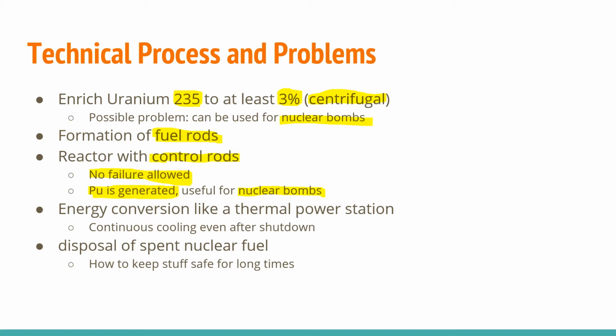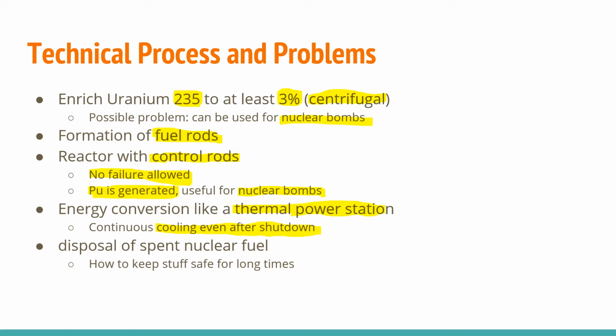So energy conversion is now done like in any power station, thermal power station. You have to cool it, and one problem, you have to cool it even after shutdown. That means if you shut down your reactor by the control rods, it's not immediately dying. It is still a little bit hot, and you have to cool it.